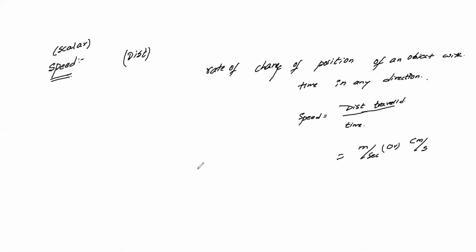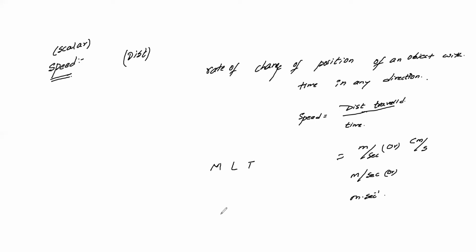No, dimensions will be identified in terms of M, L and T: mass, length, time. So here the unit is meter per second, or I can say meter second inverse.